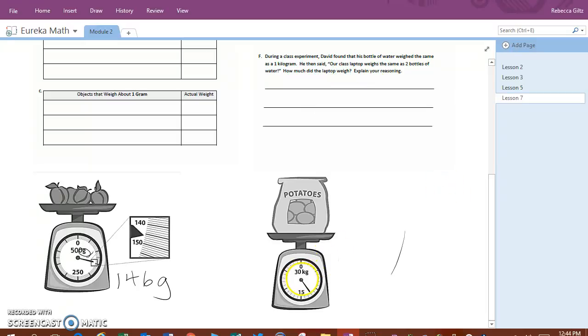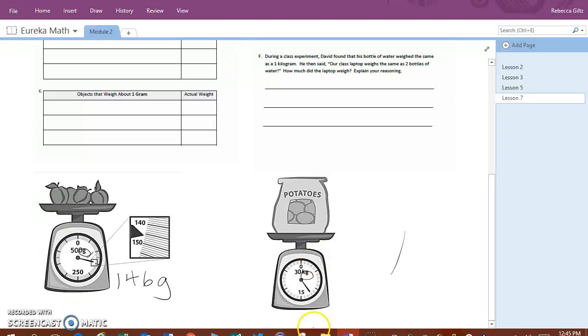Okay? Over here, the potato sack is another example. This time, if you look at the units of measure, we're talking about kilograms. So you need to pay specific attention to that when you're labeling your answer. Now, these scales are labeled very differently. This is marked 30, this is marked 500. That means the whole thing is 30 at one time around, or the whole thing over here is 500 grams.